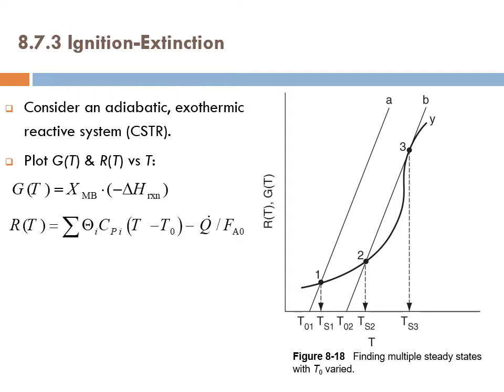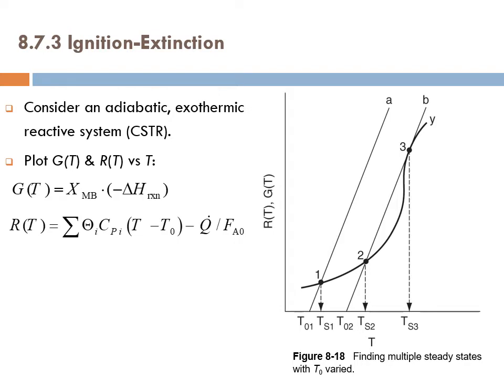So G(T) equals X_MB, the conversion found from the material balance equation, times minus delta H reaction, and both of these are functions of temperature. And R(T) is here the summation of theta_i C_Pi times (T minus T_0) minus Q dot divided by F_A0.